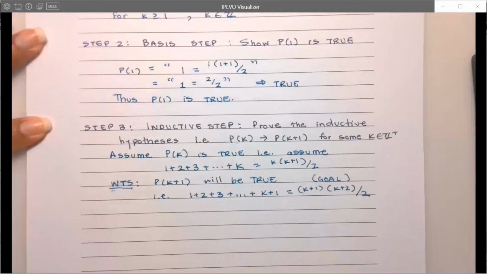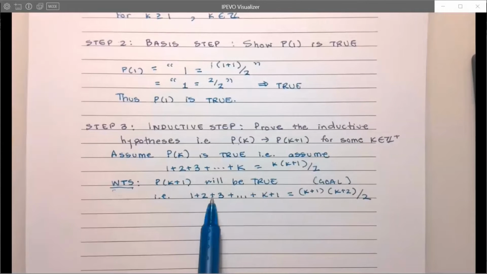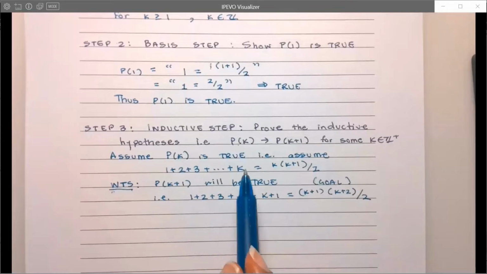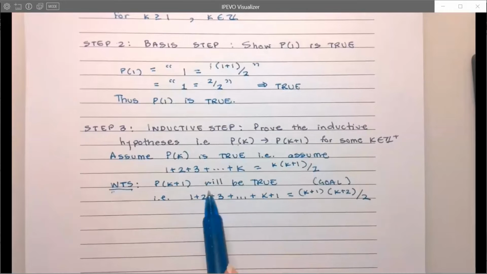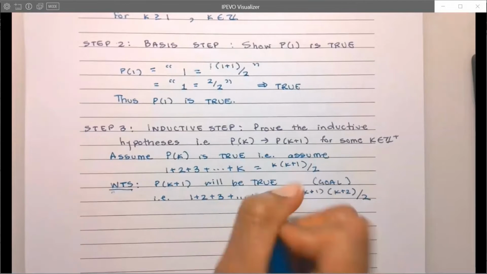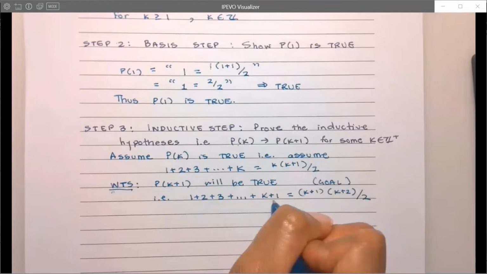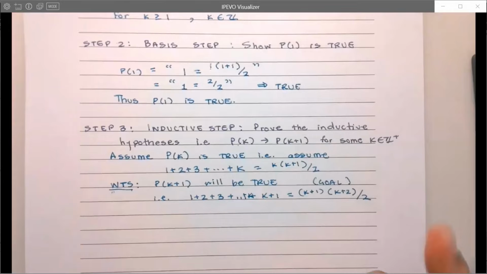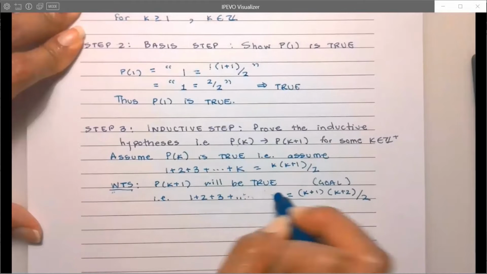How can we get from our assumption to this goal? Well, one thing that we can start doing is we can at least try to make the left-hand side look like the left-hand side of the goal. What I mean by that is, if I would have included one term before the k plus 1, it would have been the term adding k. Let me write it a little bit more neatly.